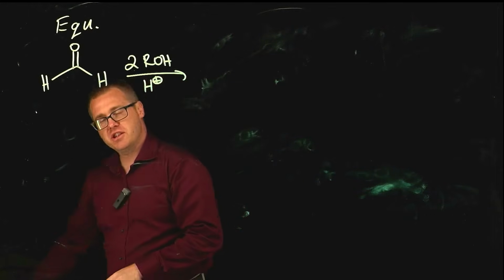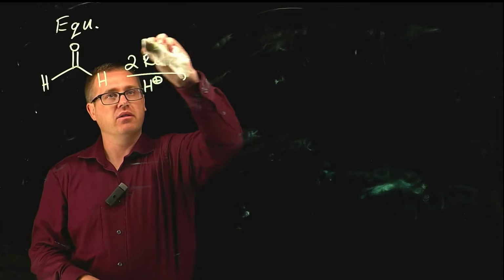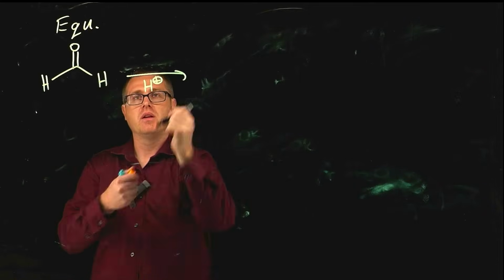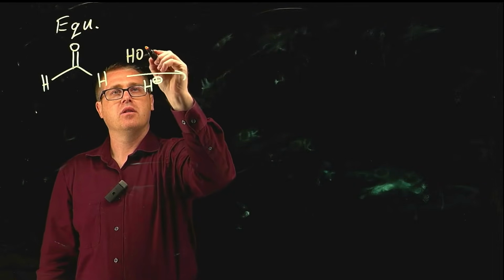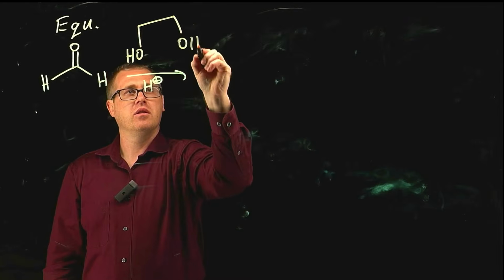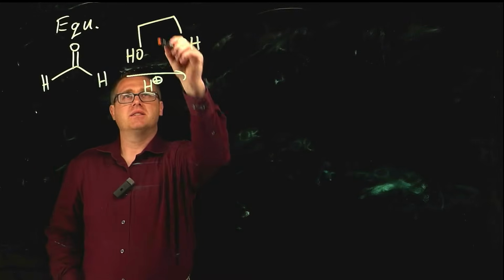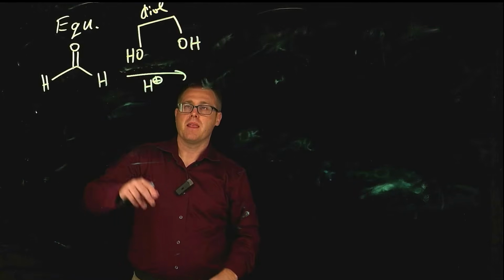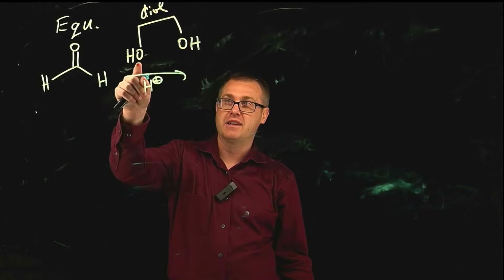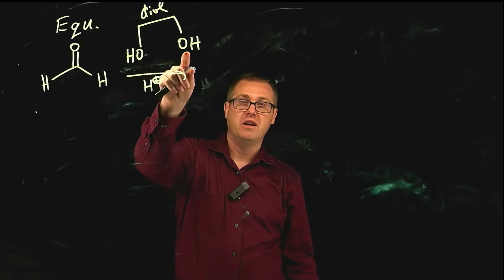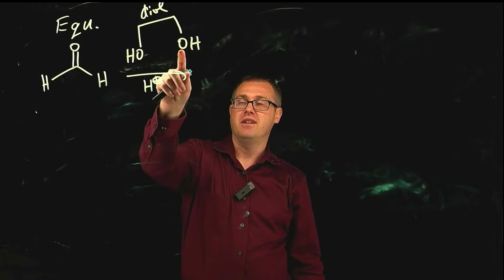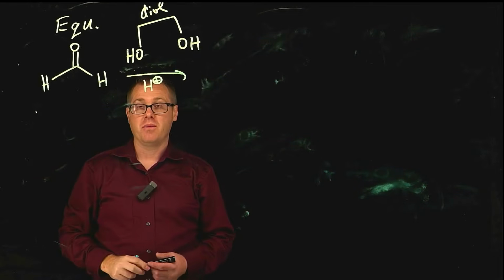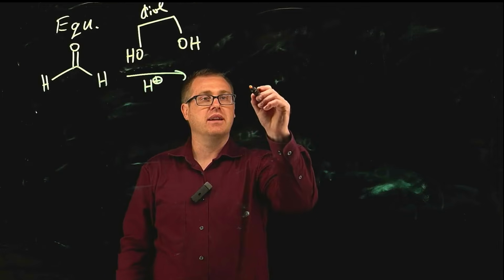Well, what if I change the 2 moles of alcohol to just 1 molecule, like this? That right there is a diol. It has 2 alcohol groups on it. It's 1 molecule, but it has 2 moles of oxygen atoms. So if you take that, you're going to form an acetal that looks like this.